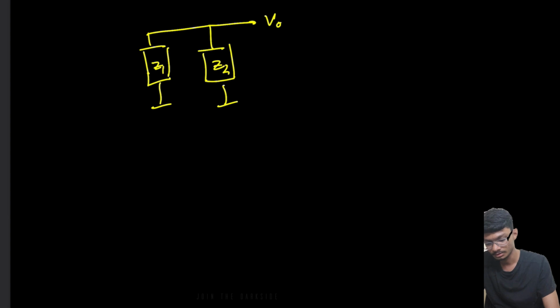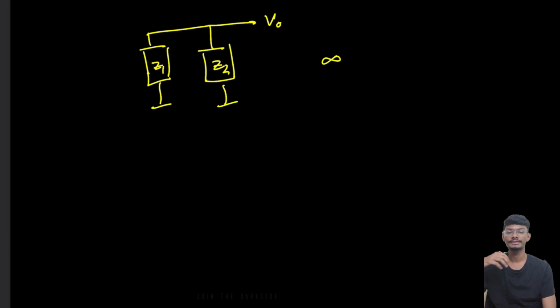Basically this is z1, we are shorting the input, this is z2, and this is VO, and as z1 equals minus z2, then we are getting infinite impedance. Now let's go to the next slide and do a few circuits.